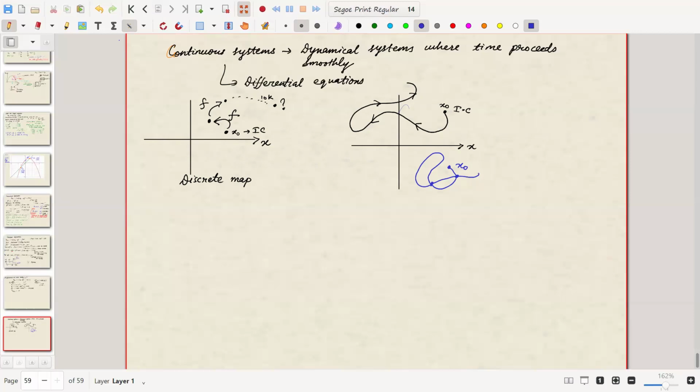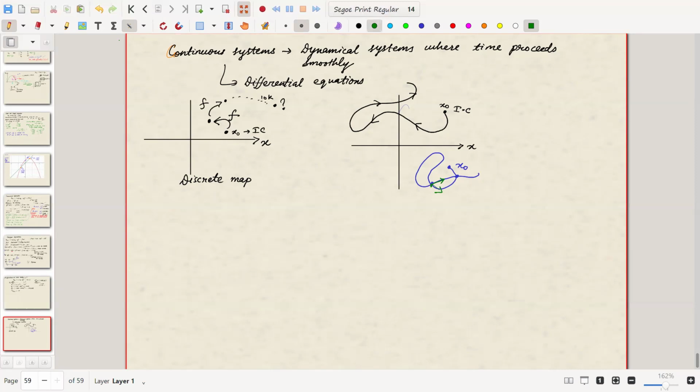Just use your basic thoughts. Go to very basics. Suppose the trajectories can intersect. Then at the point of intersection, you will have two directions to go, isn't it?